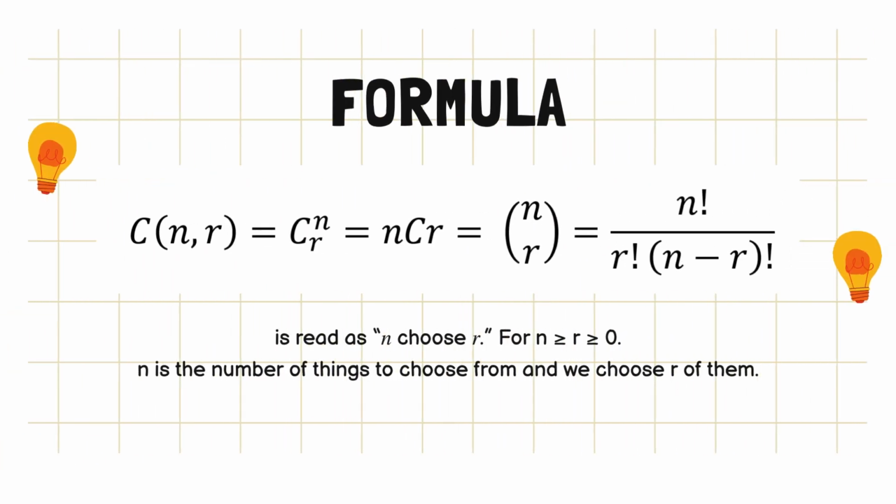The formula of a combination is n factorial over r factorial times n minus r factorial. It is read as n choose r, for n greater than or equal to r greater than or equal to 0, where n is the number of things to choose from, and we choose r of them.